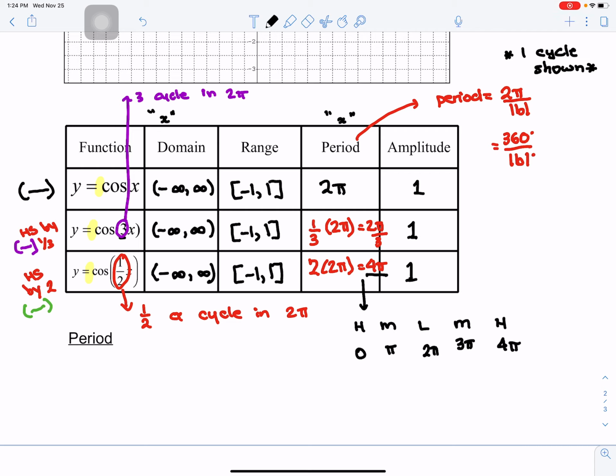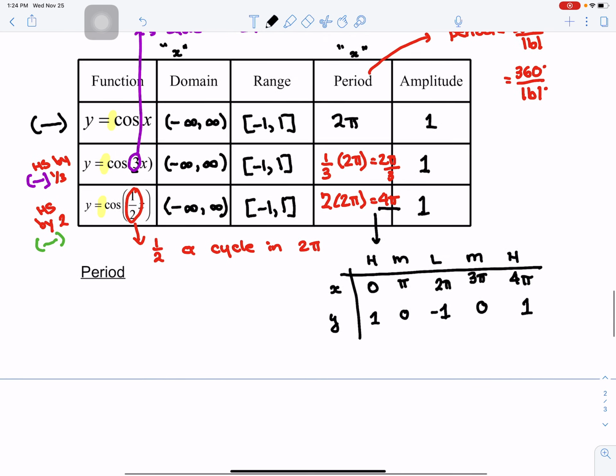Then my high, middle, low, middle, high is 1, 0, minus 1, 0, 1, because that's my amplitude indicating to me what's happening.